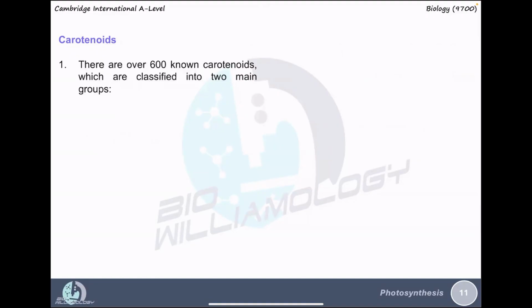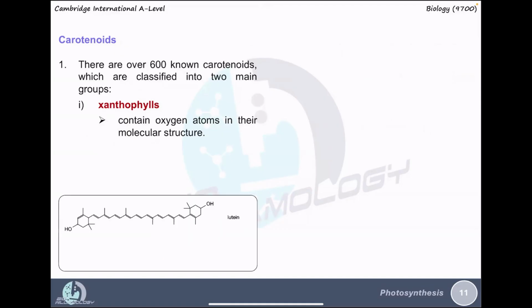There are about 600 known carotenoids, which can be classified into two main groups. The first group is known as xanthophyll, which contains oxygen atoms in its molecular structure. One example of xanthophyll is lutein. In this chemical structure, you can see that oxygen atoms can be found.